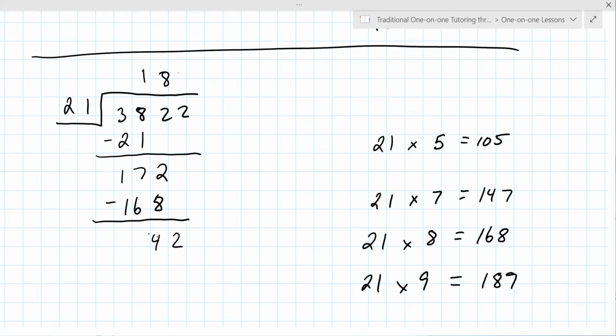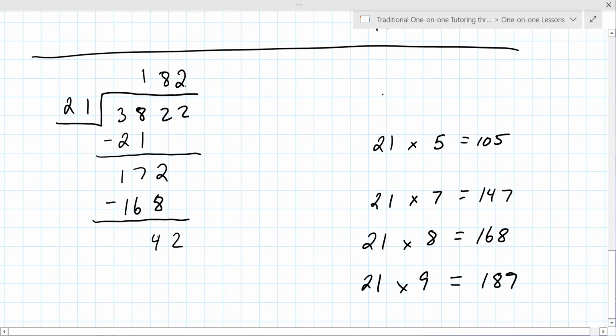That's funny. That's why. Yeah, because I wrote a 2 instead of the 8, and that threw me off. Okay. So it should just be a 2.